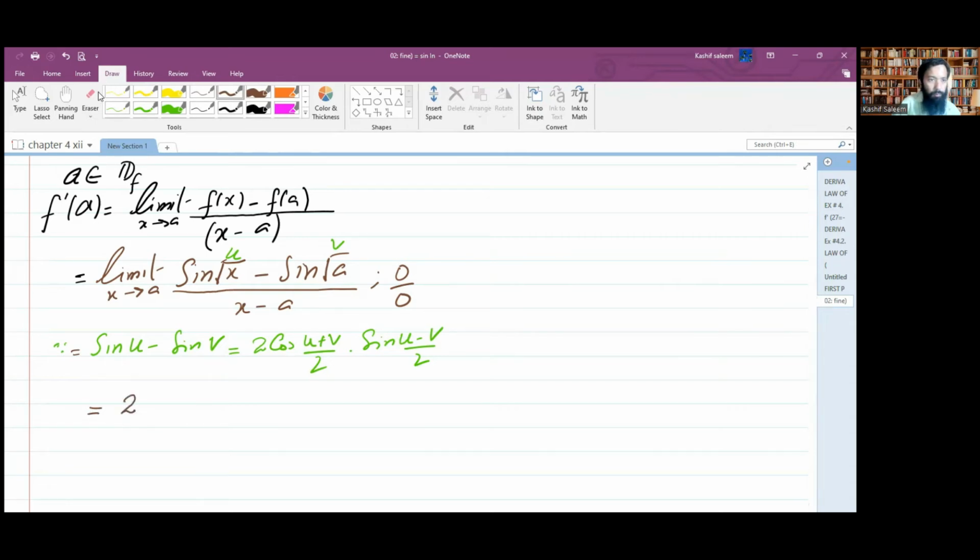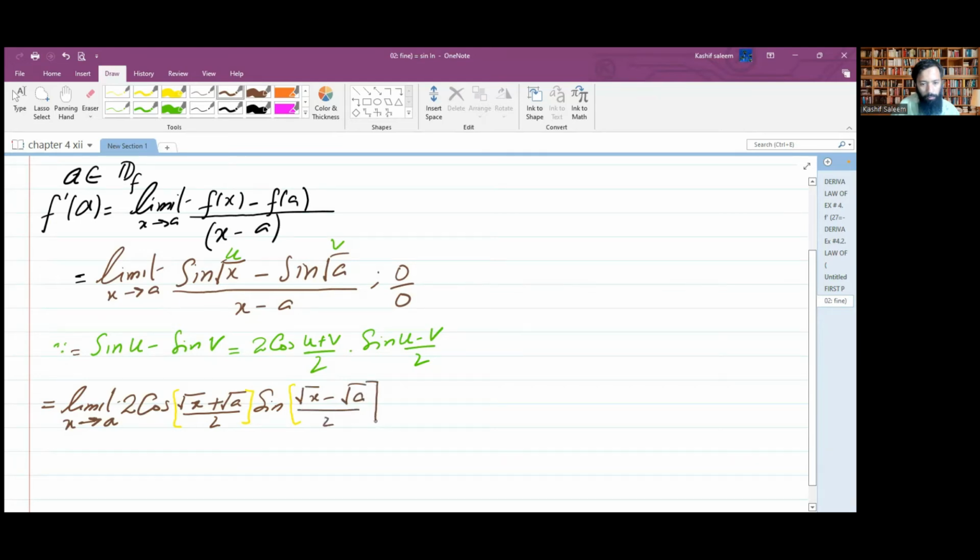So we apply it here. So this is, sorry, limit x approaches to a, 2 cos of root x plus root a upon 2, and now sine of root x minus root a upon 2, divided by x minus a.